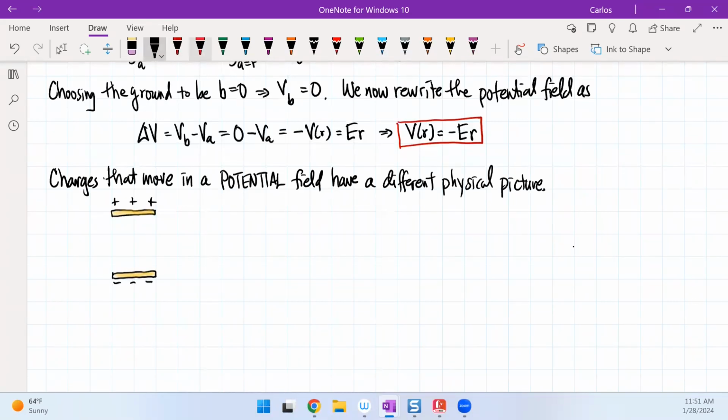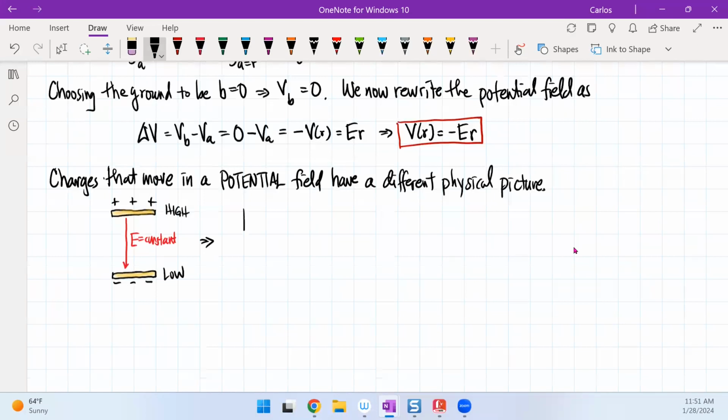Then we see that our electric field is moving down like this, and this E field we know is a constant. And we know that this will be our high and this will be our low. So picture-wise, I actually see it this way.